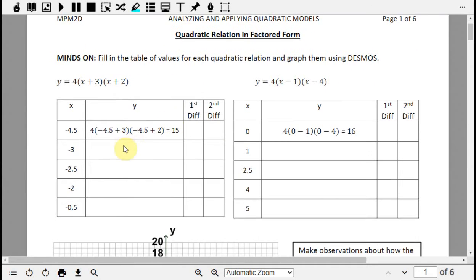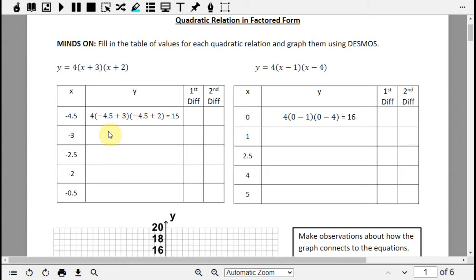And you'll see here that I already have an example of the calculation, putting negative 4.5 into this equation, and then the example of putting 0 into this equation. So here we're replacing the x with its value, minus 4.5, and when you work that out in your calculator, you get 15. In this equation, we're putting 0 in for the x, and then calculating, and you get 16.